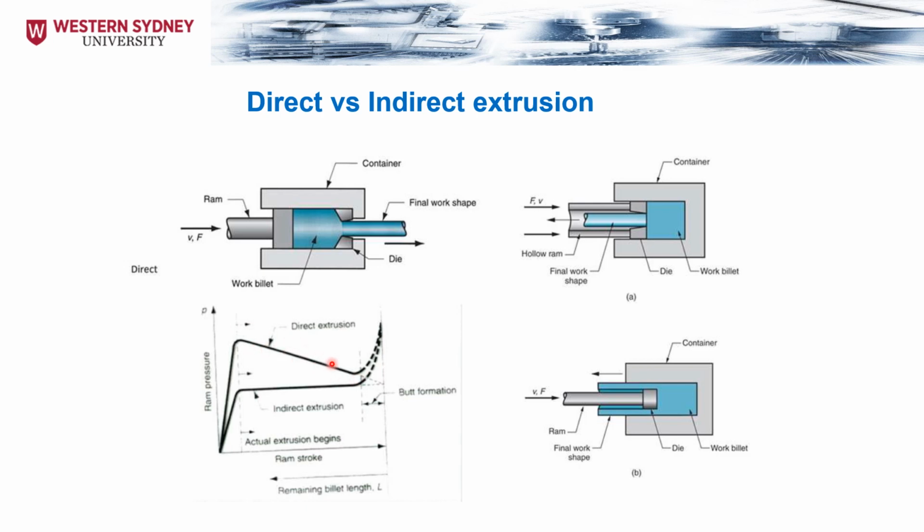At the beginning, then they are going to get close to each other, but still you can see that the pressure in direct extrusion is going to be higher than in the indirect extrusion. Because there will be no change in the shape of the pellet, we are going to have a constant pressure in the case of the indirect extrusion process.